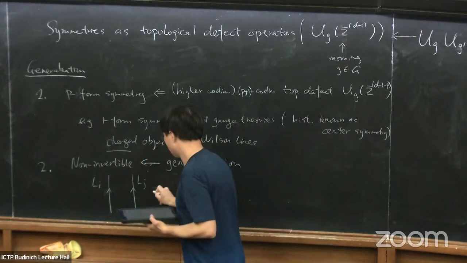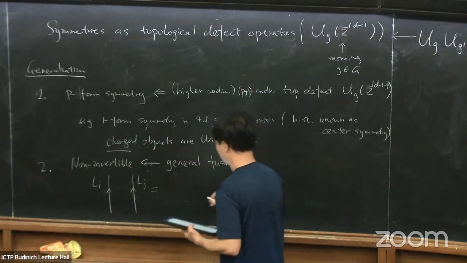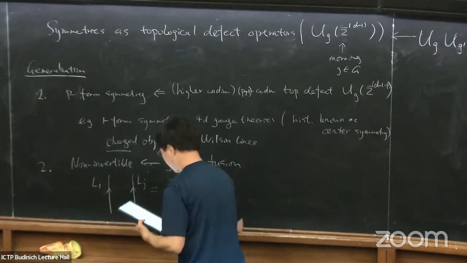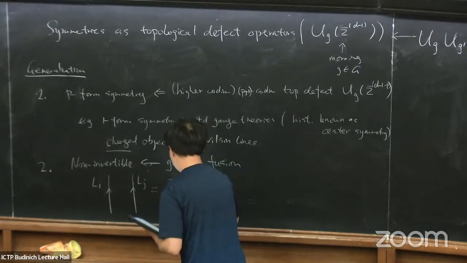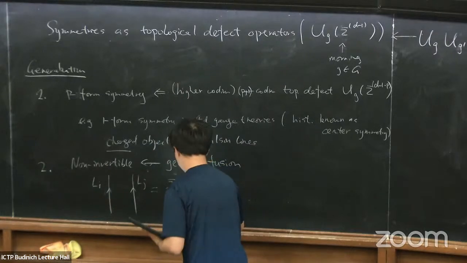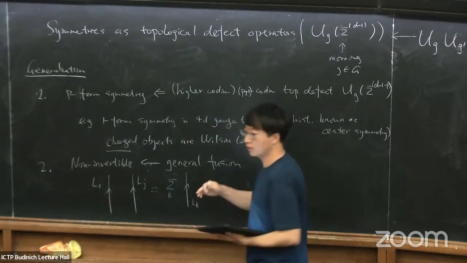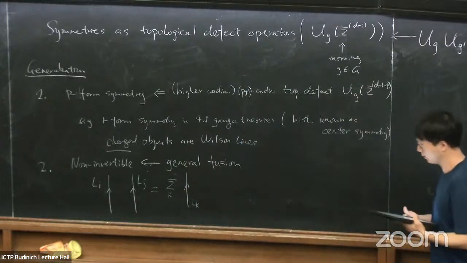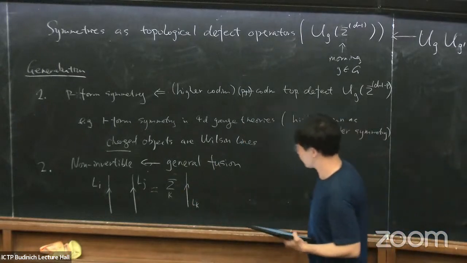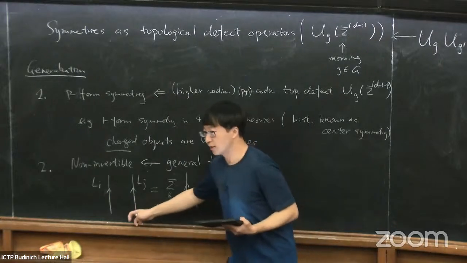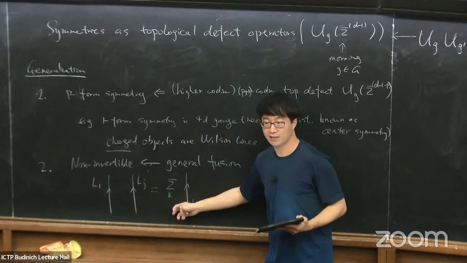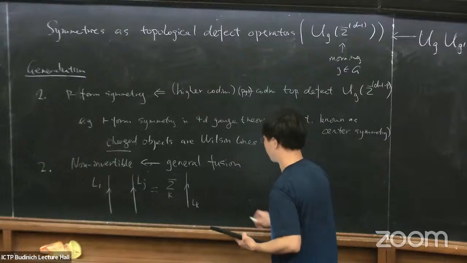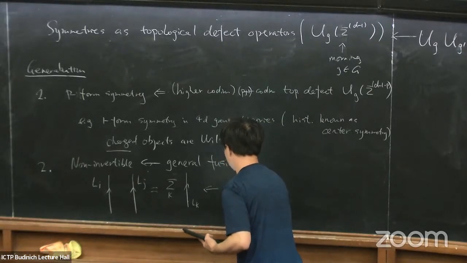In general, it could be reducible, so it could be decomposed into a sum of individual topological lines, without assuming there's an underlying group associated with these topological defects. The fact that the right-hand side of this fusion product involves multiple topological defects rather than a single one is a signature of non-invertibility.